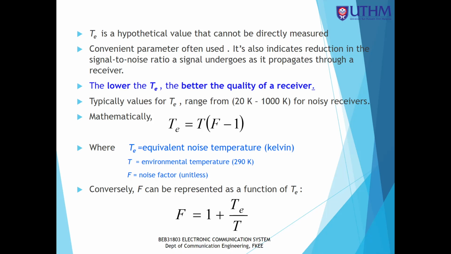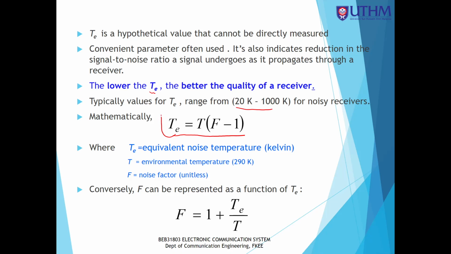Okay, so TE is the internally generated temperature because of the processes that happen inside the device. TE normally ranges from 20 Kelvin up to 1000 Kelvin for noisy receivers. So mathematically, TE is equal to T multiplied by (F minus 1).